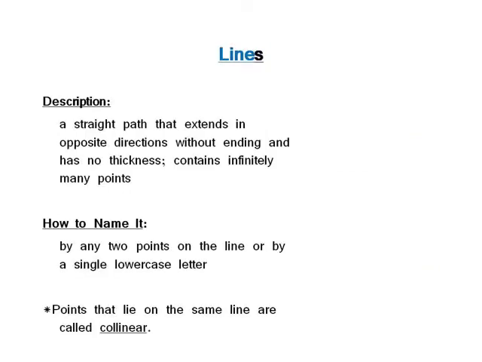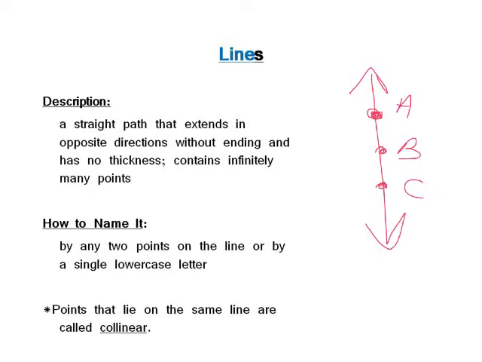All right, moving on to lines. Lines. It's just a straight path that extends in opposite directions. So when we think about a line, here's a line, and let's just throw some points on here. A, B, and C. Now with this line it says, how do you name it?